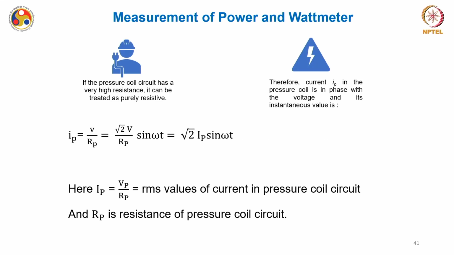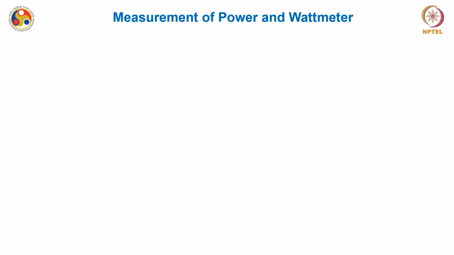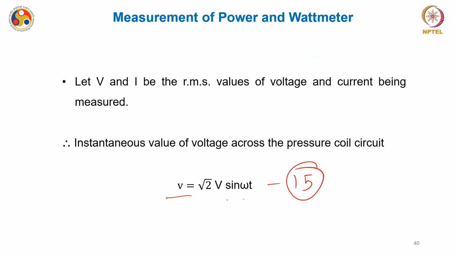If the pressure coil circuit has a very high resistance, it can be treated as a purely resistive circuit, and the current Ip in the pressure coil is in phase with the voltage. Its instantaneous value can be given as ip equal to v by Rp, where v we have just calculated from the previous equation as root 2 V sin omega t, equation 15.